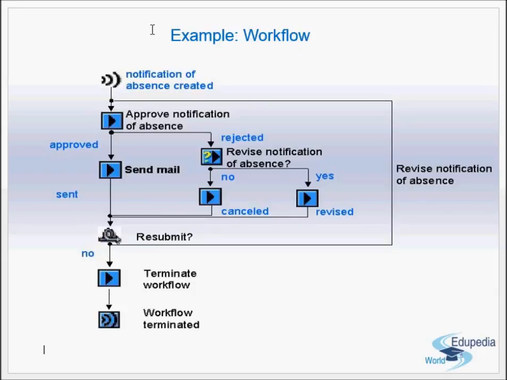In the system also, when you see the graphical representation of a workflow, it will be similar to this. So you have different decisions, you have different nodes, where different users perform different activities based on their decisions. Depending upon that, the workflow will continue or it will come to an end.